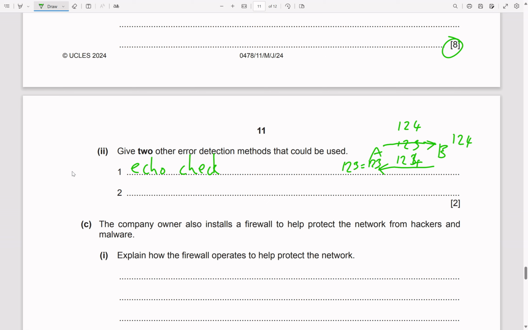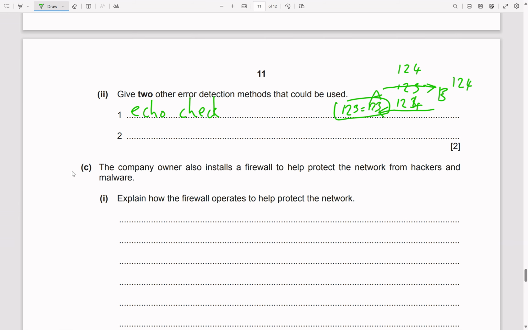But when A receives it, it goes back to 1, 2, 3 because there's some other error. That's going to be a pretty rare situation, to be honest. So if this echo check works, you can be sure, probably it's only going to not work 1 out of a trillion times.